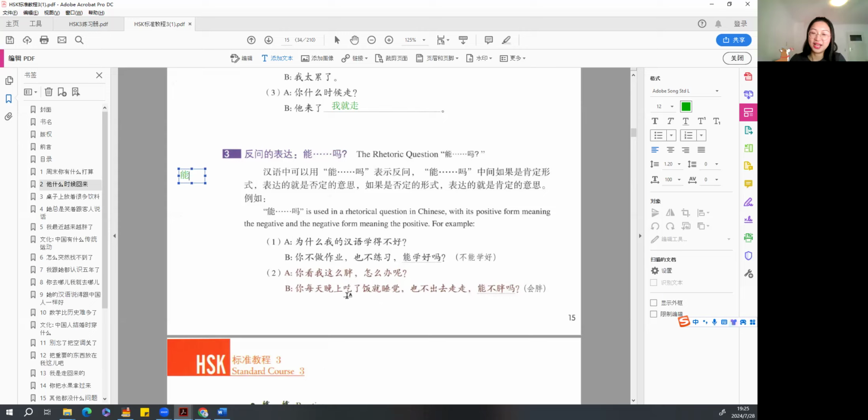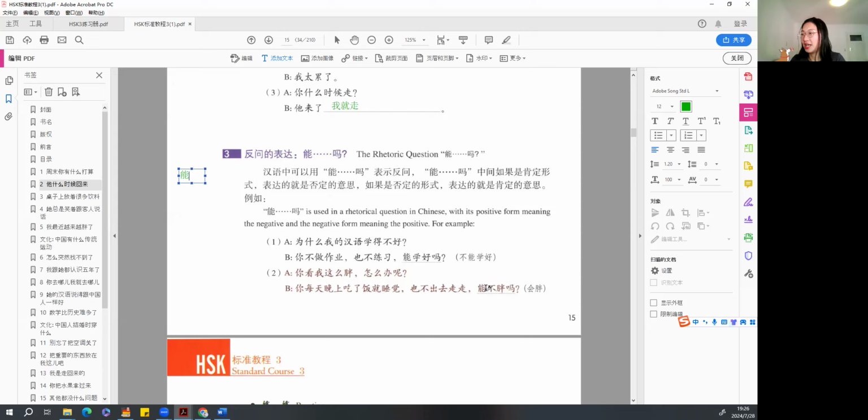So the first action is finished right before the second action. 吃了饭, so after having dinner, 就睡觉, sleep right away. 也不出去走走, so also you don't go outside to take a walk. 出去, go outside, 走走, take a walk.